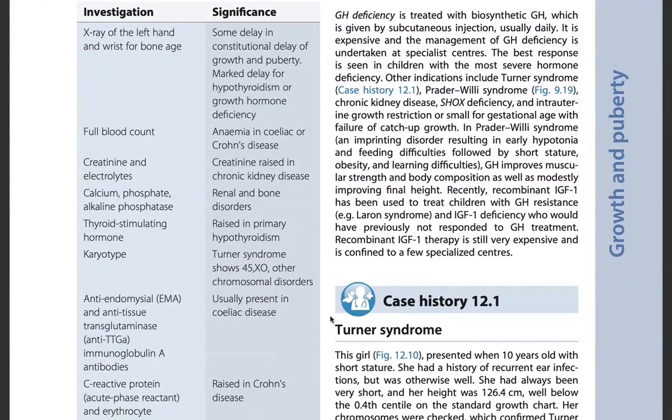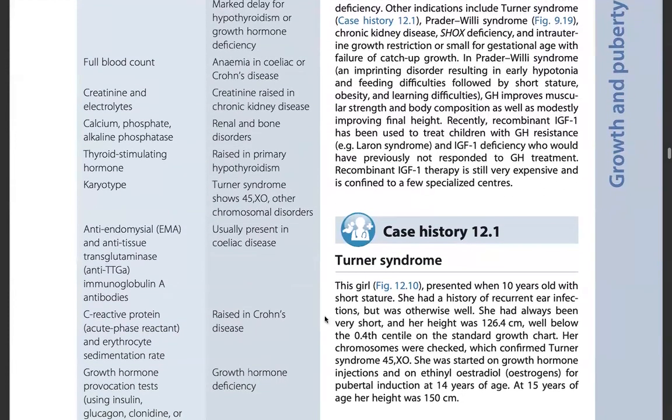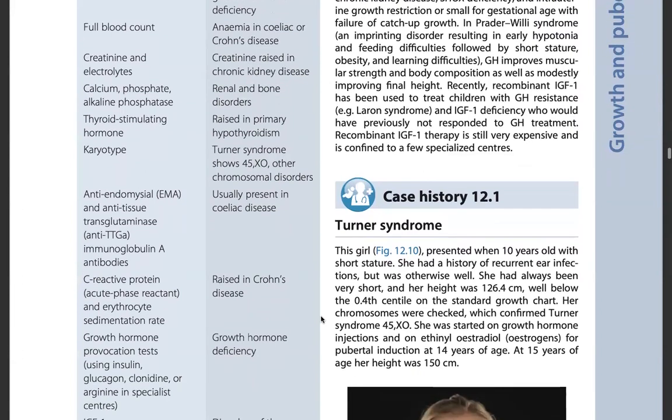Thyroid stimulating hormone: raised in primary hypothyroidism. Karyotype: Turner syndrome shows 45XO, or other chromosomal disorders. Anti-endomysial EMA and anti-TTG antibodies, usually present in celiac disease, and immunoglobulin A.